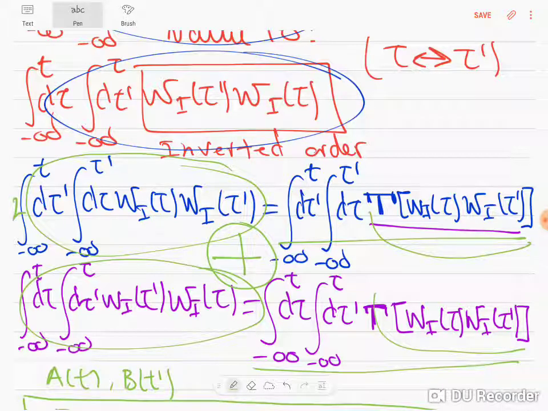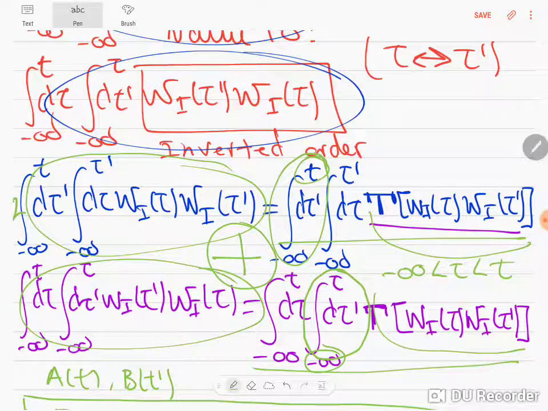So what we're going to do is this. Let's look at the limits of d tau prime here. So d tau prime here goes from minus infinity to tau, and here they go from minus infinity to t. And tau, since it's the integration variable, is supposed to be between minus infinity and t. That means that if we add the regions of integration, the new integral in d tau prime will go from minus infinity to t, and the new integral in d tau will go as well from minus infinity to t.